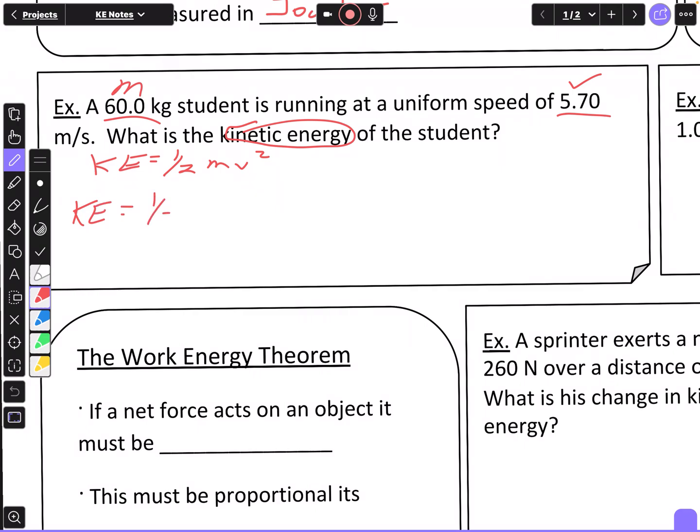Kinetic energy equals 1/2 times my mass, which is 60.0, times my velocity squared, which is 5.70 squared. So I'm going to plug that into my calculator.